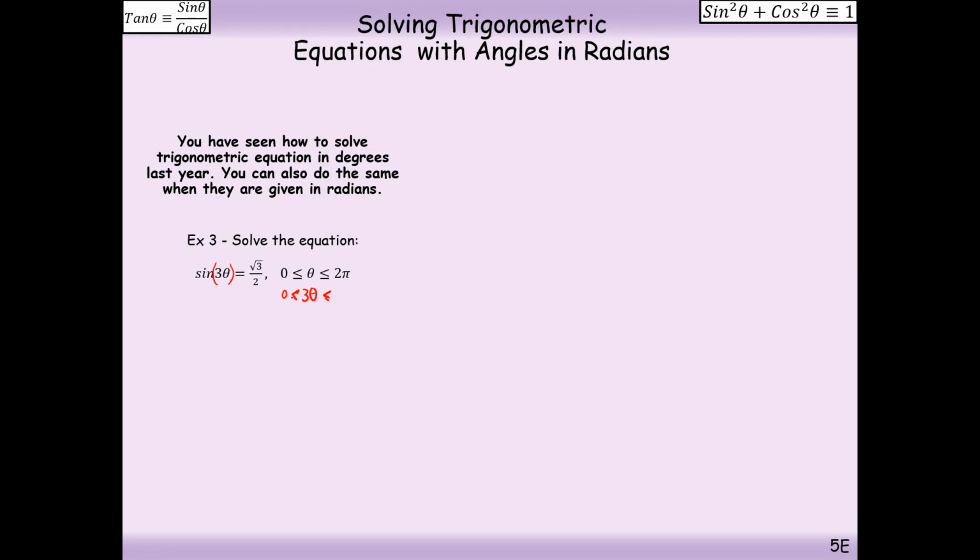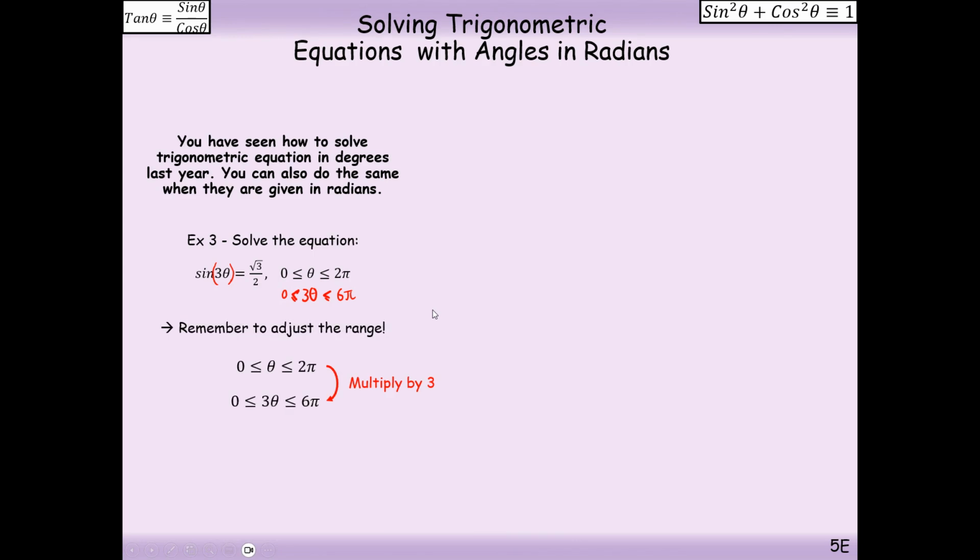So 0 times 3 is still 0, but 2 pi times 3 will go to 6 pi.